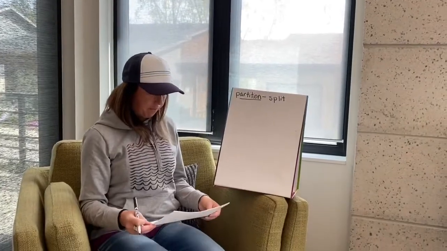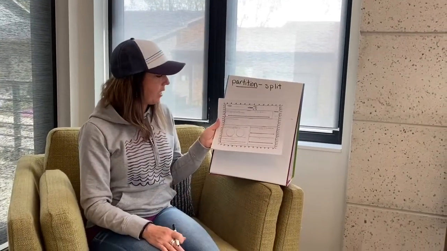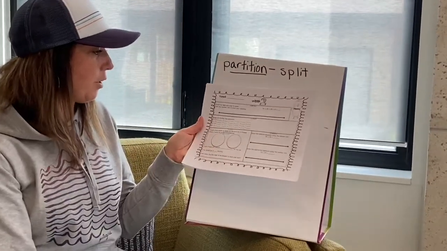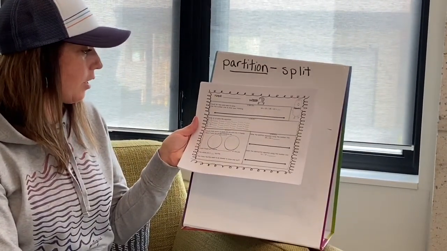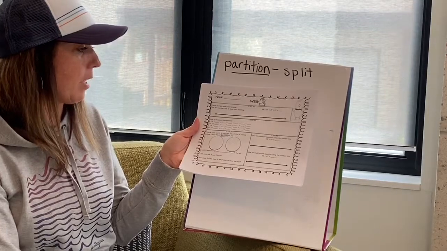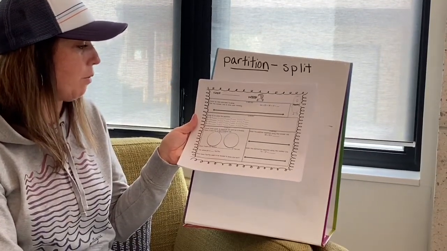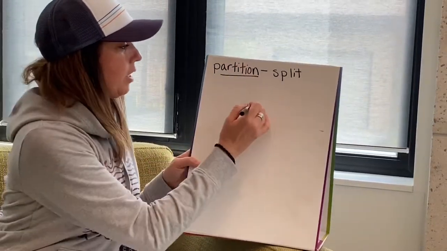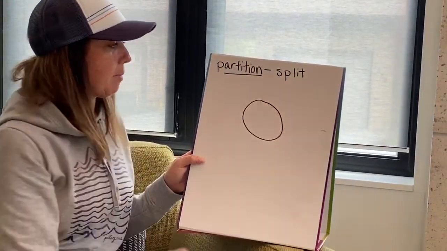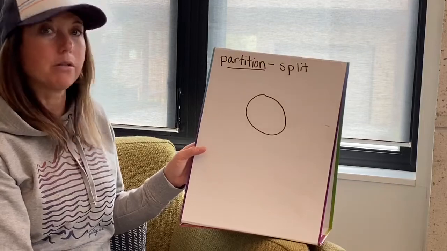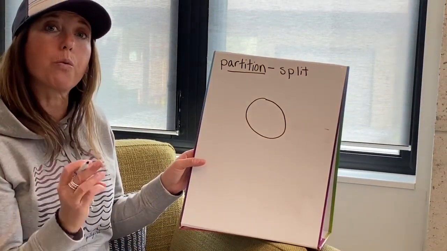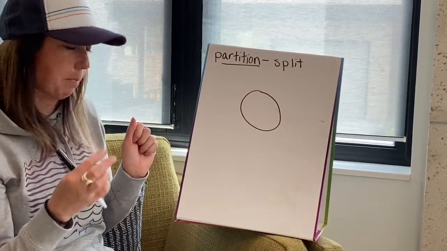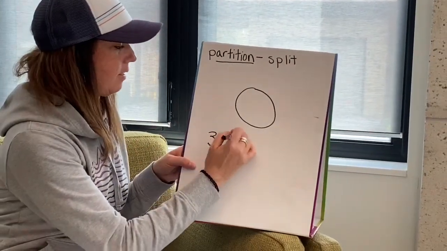As you're looking at Monday's activity for the daily work, it asks you to partition. It says Chick wants to share his pie with his 3 friends. Show 2 ways he can partition his pie. So he has his piece of pie right here, and we want to split that pie into 3 equal pieces.